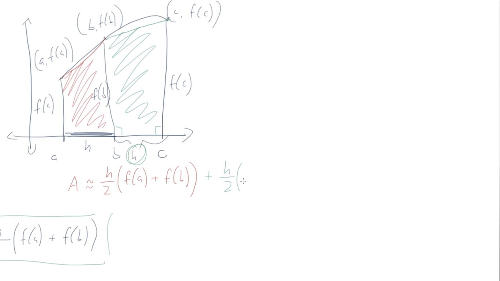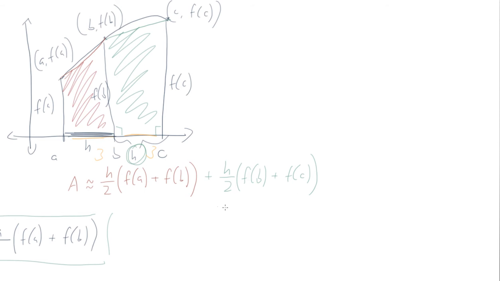And then it's going to be my parallel sides, f of B, f of C. We are always going to assume h is the same distance as well. So say h was 3 here, h would be 3 here as well. Those heights must be the same for the trapezoidal rule.